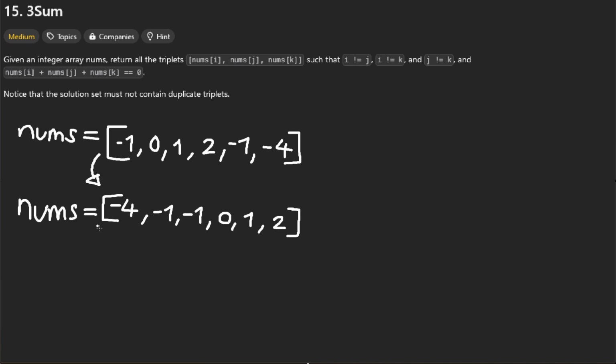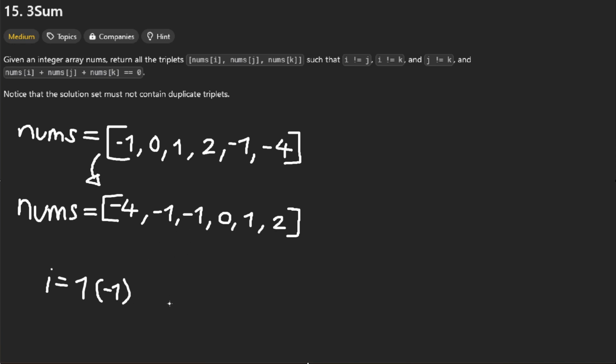So let's say we wanted to complete this with this array, right? If we start with i at 1, then i at 1 is -1. We now want our two pointers.